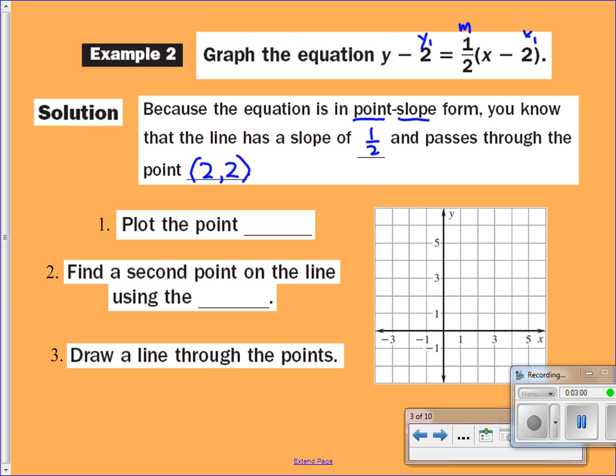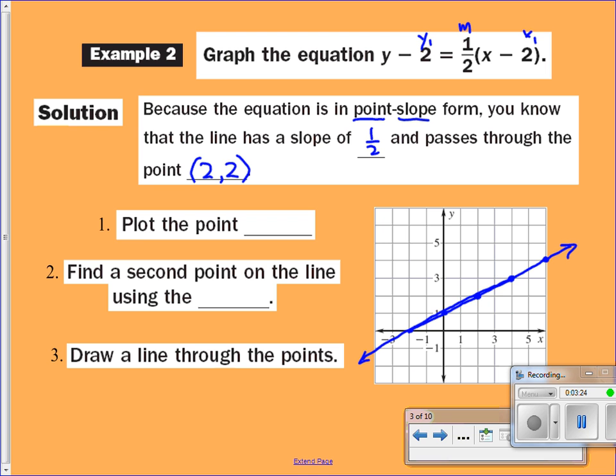We can graph this by plotting my point (2, 2) first, and then from my point, I count my slope. Up 1 over 2, up 1 over 2, and you now have a line. Not as easy as slope-intercept form, but they gave you a point and gave you slope.